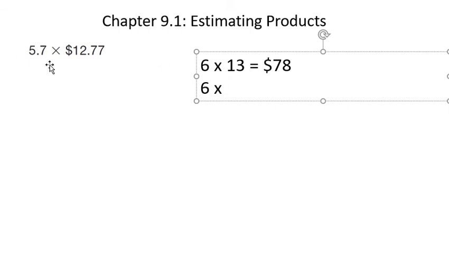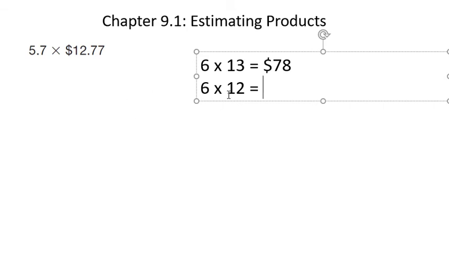5.7, that's pretty close to 6, so I'm going to round my 5.7 to 6 like I did here. But 12.77, or $12.77, while yes, that's close to 13, I'm going to round that one down because I rounded my first one up. So let's round this to 12. So 6 times 12, once again, we can use any method we want.